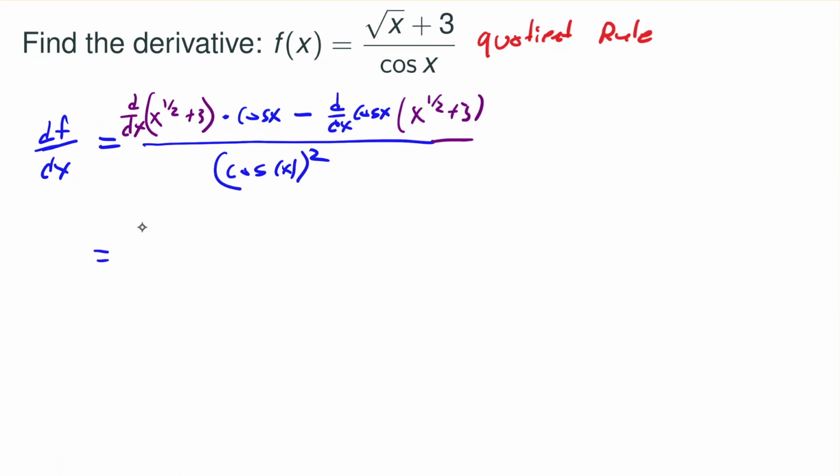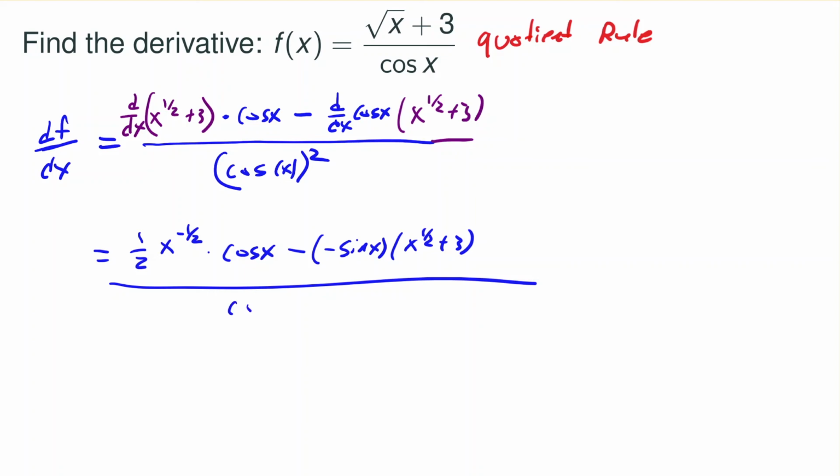So let's take the derivative. We have half x to the negative half power, derivative of 3 is 0, times cosine x, minus derivative of cosine is negative sine x times x to the half power plus 3, over cosine square x.